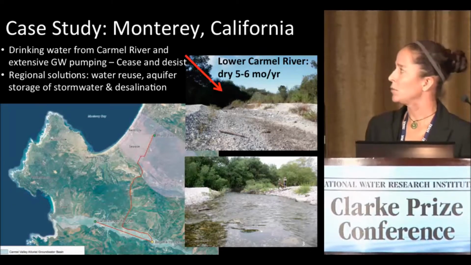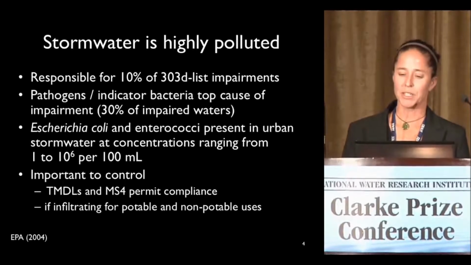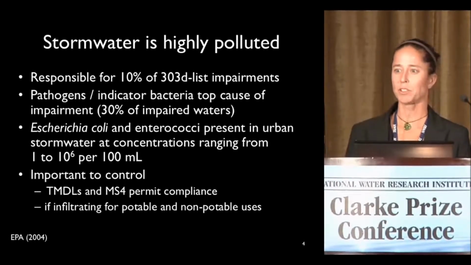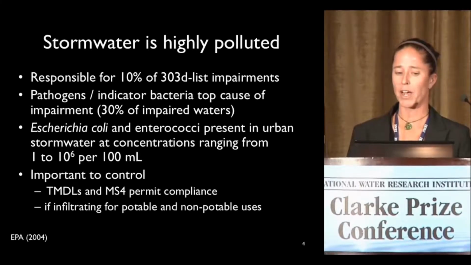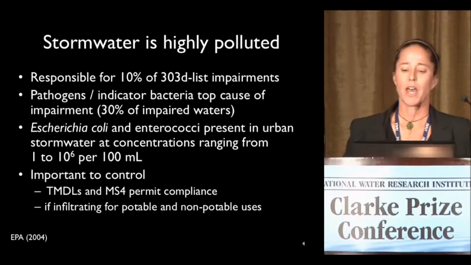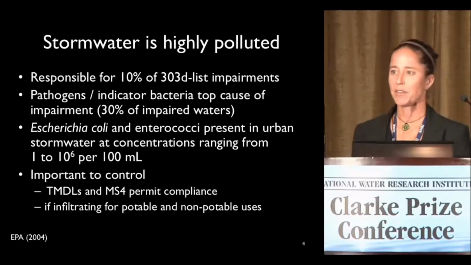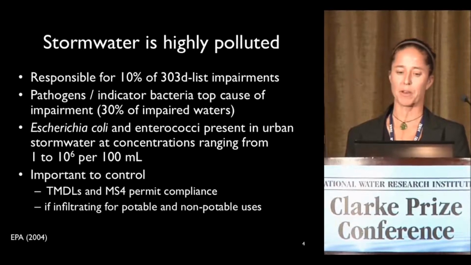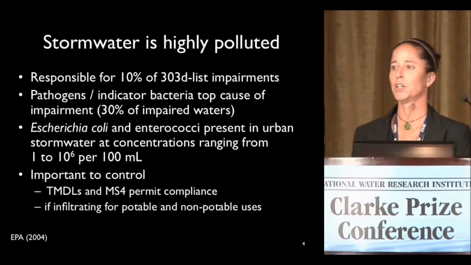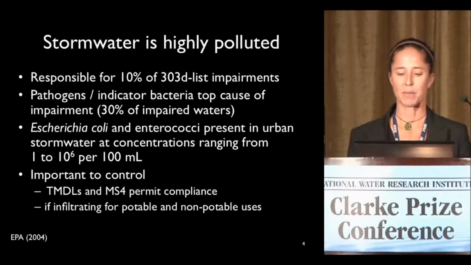Now, at the same time, stormwater is highly polluted. According to the EPA, it's responsible for 10% of all of the 303(d) listings from the Clean Water Act of impaired water bodies. And of those impairments, pathogens and indicator bacteria are the top cause of impairment. About 30% of impaired waters are impaired with respect to these contaminants.